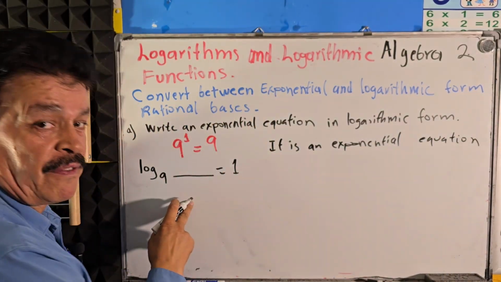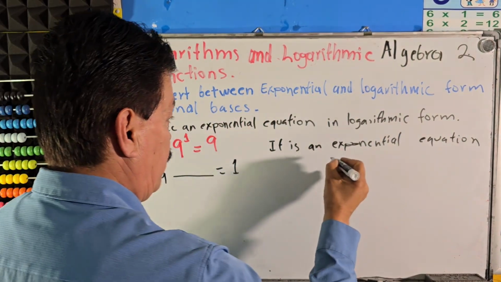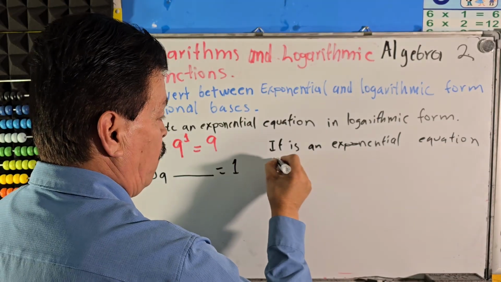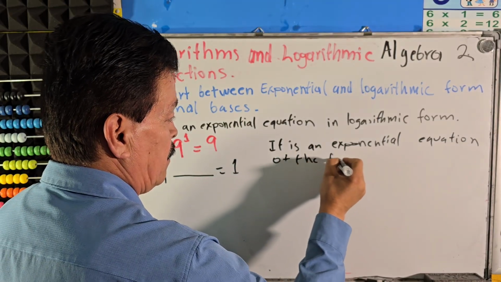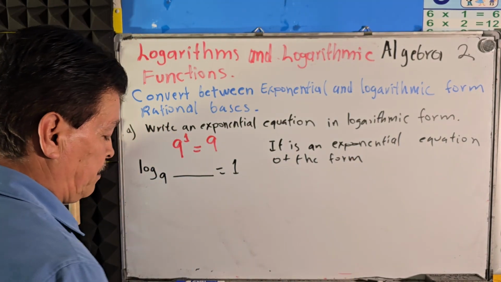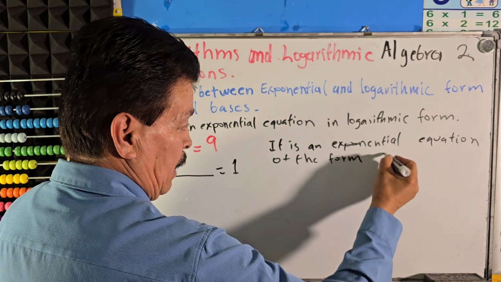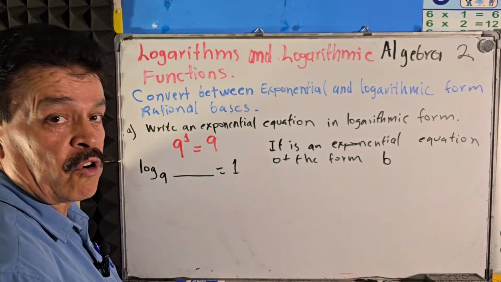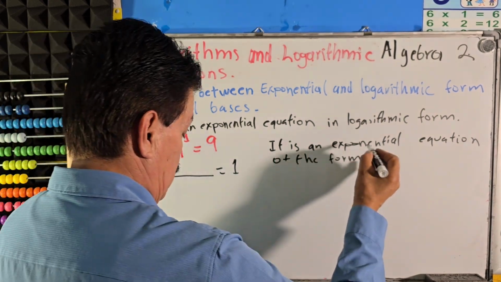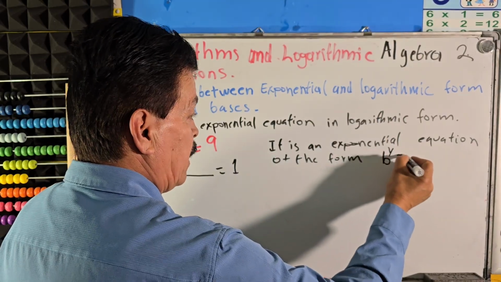Now we have our specific problem in the form b to the y power equals x.